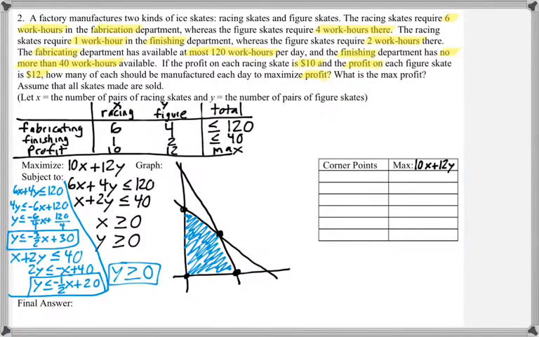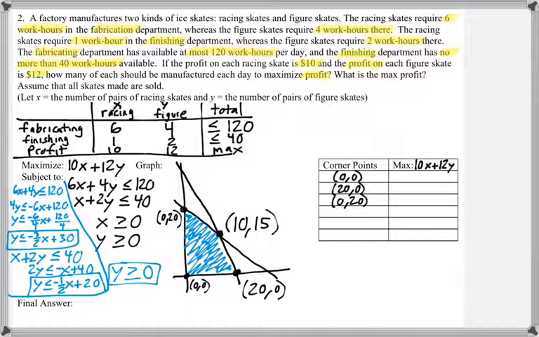So I want to label those on my graph. And we have (0, 0) here as well. So these are my corner points, which are my candidates for the maximum.